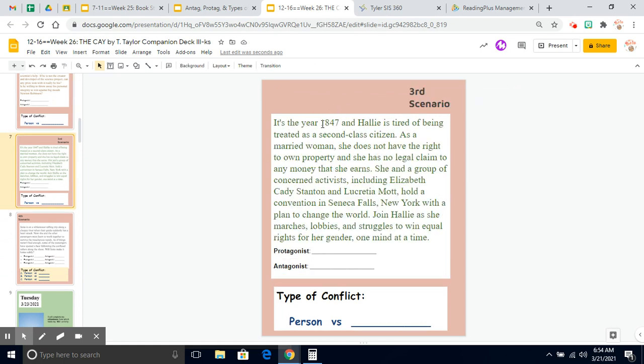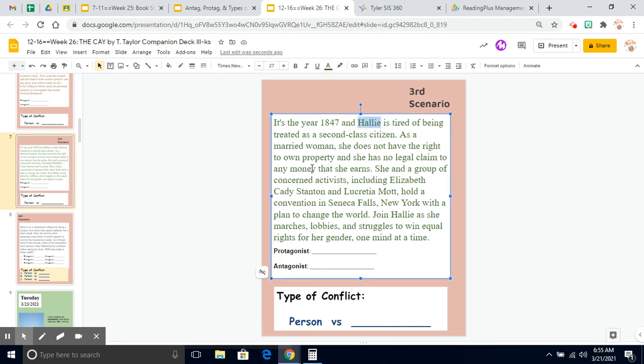It is the year 1847, so this is about 15, 20 years before the Civil War begins in the United States. Hallie is tired of being treated as a second-class citizen. Hallie is a girl's name.